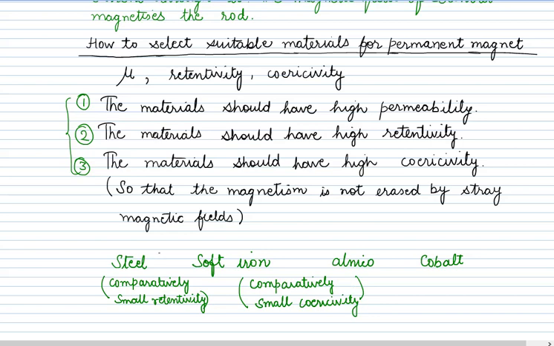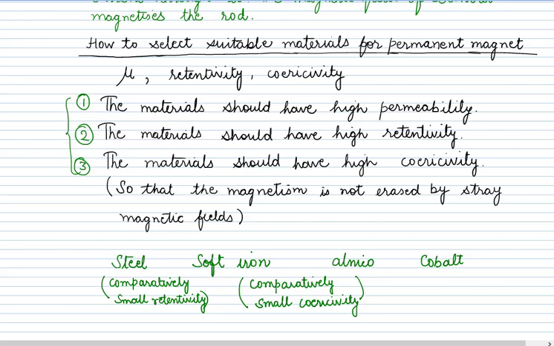So that you should always remember. It is very useful that steel... we are going to draw one graph that is known as the BH curve or the hysteresis loop. But you should always remember that for the steel, the retentivity is comparatively small, and for the soft iron, coercivity is comparatively small. These two are very important things, and this should be much easier to remember after we study the hysteresis loop.